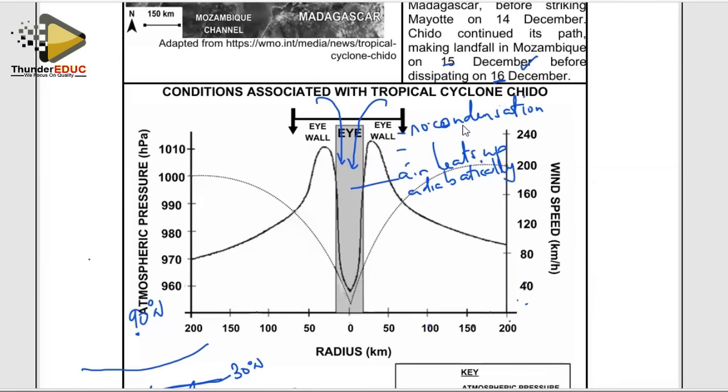If it has any moisture, it is going to lose the moisture as it heats going downwards, as it sinks. So there's no cloud formation there. No clouds can form in that situation. That is why we have clear conditions in the eye of the system.